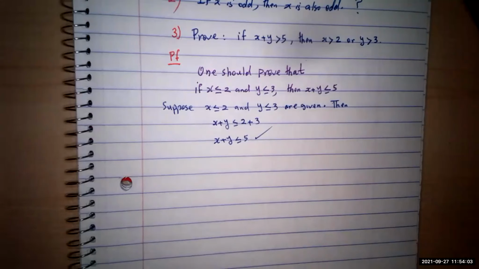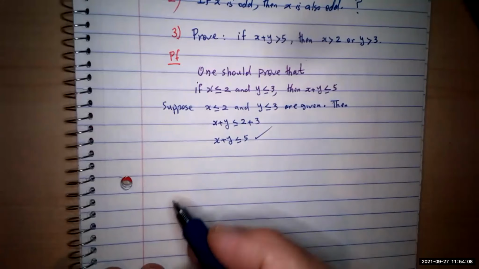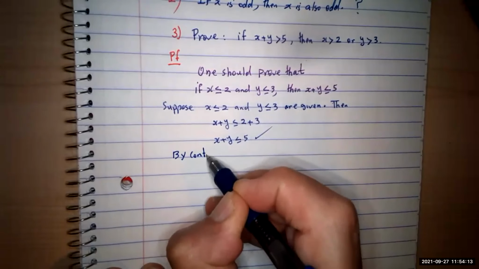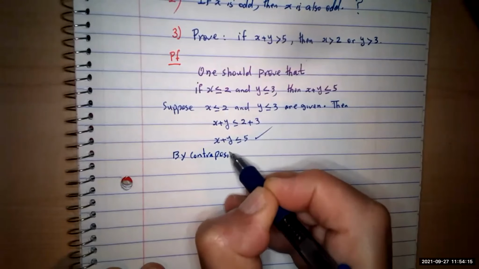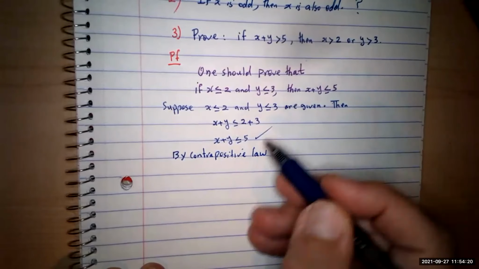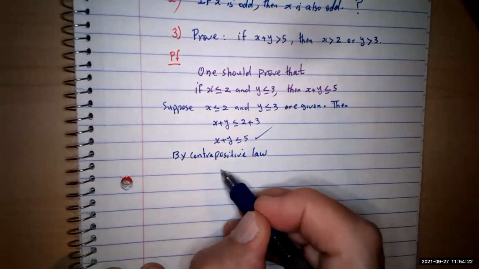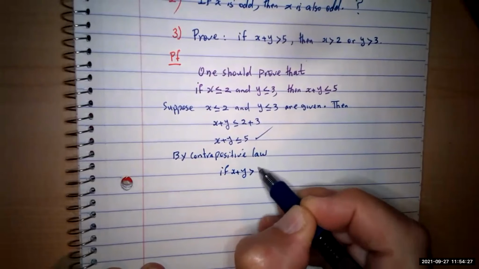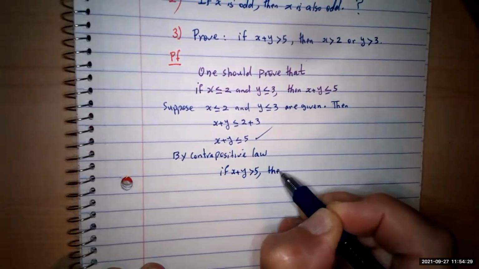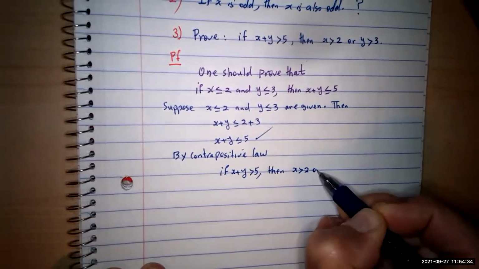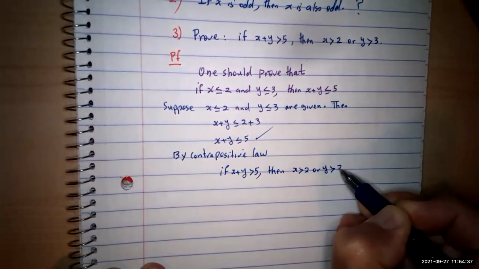Okay, any question? But you have to get back to what you want to prove. So by contrapositive, you're not done. You have to end up with this expression. So by the contrapositive law, you just repeat your statement: if x plus y happens to be strictly greater than 5, then one of them must be bigger than 2, or the other one must be greater than 3, and you're done.